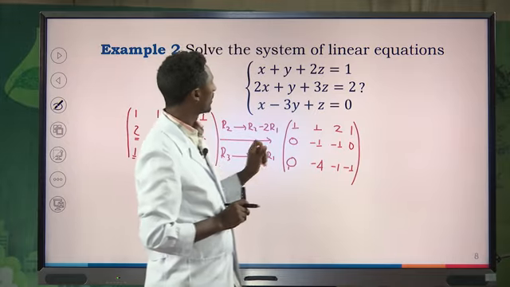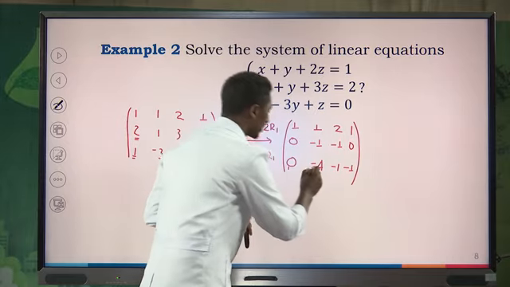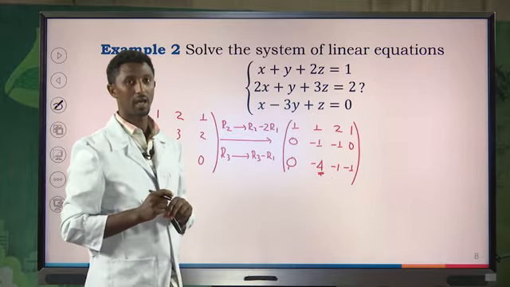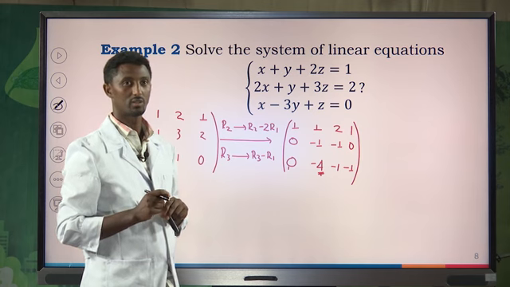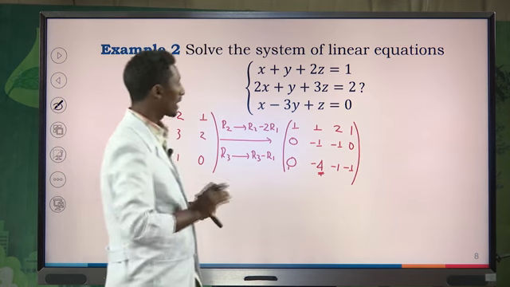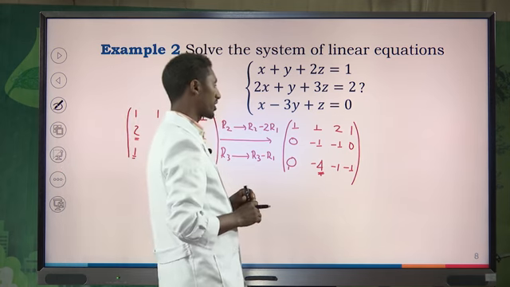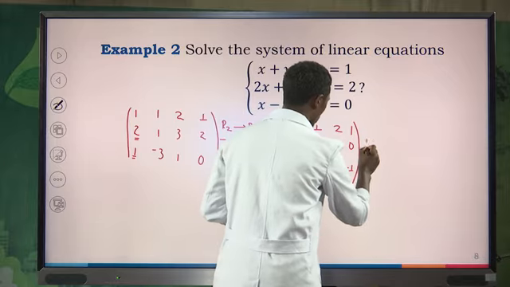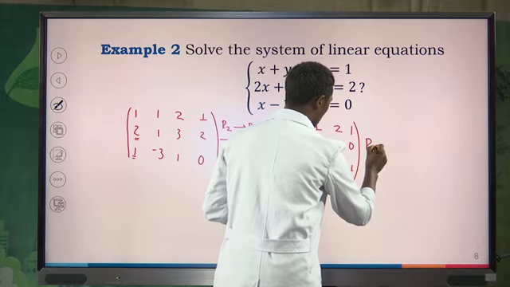Next, we'll try to make this value 0 by applying pivoting. Either pivoting, we can rescale. We'll apply any elementary row operation. Now let's make the second row's leading entry 1.